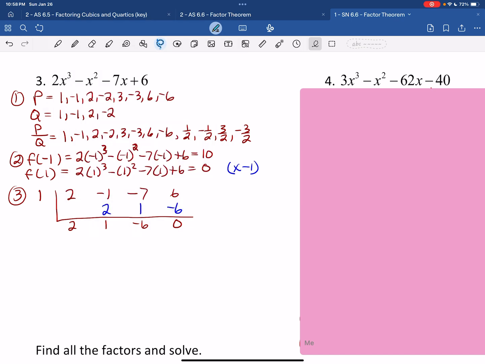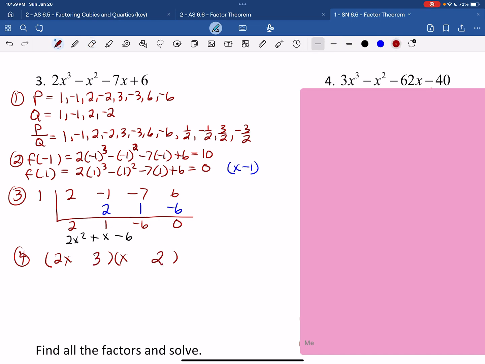There we go. All right, so now this is 2x squared plus x minus 6. Step 4, let's factor that. So I know I'm going to get 2x and x, and let's try 3 and 2.